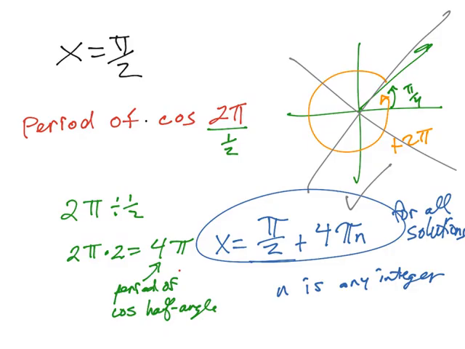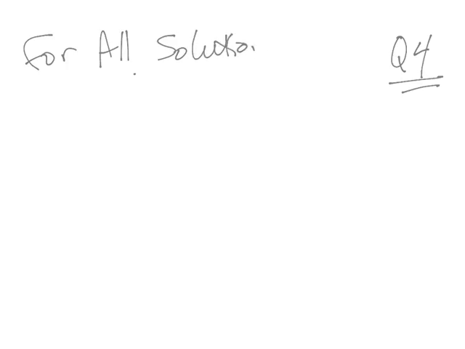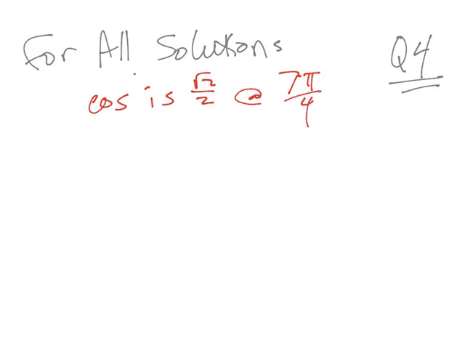But when we go to all solutions, we open it up to everything, which means we also need to play in Q4. So for all solutions, this is the second part, cosine is radical 2 over 2 at 7 pi over 4, because that is in quadrant 4. Again, this is for all solutions.